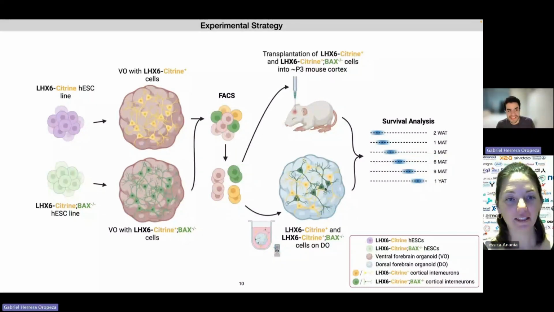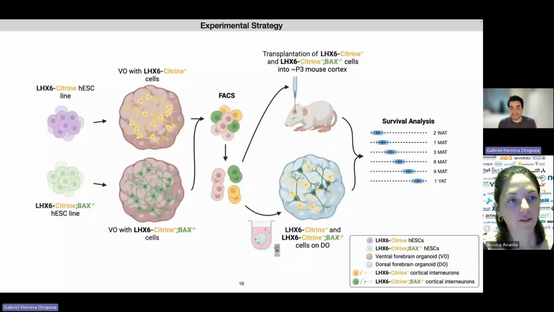That would mean that the wild type cells, the interneurons that were not Bax mutants, would be going through cell death, and by that I will be able to identify when cell death is happening in human cortical interneurons.